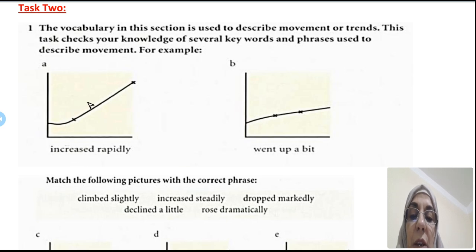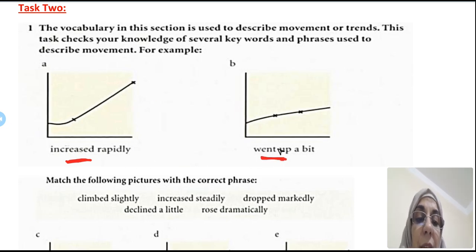We've got here a graph which is getting up or increase. There is an increase, there is a rapid growth. So here, increased rapidly. So look at the use of the verb. It's in the past simple. Here too, went up a bit.